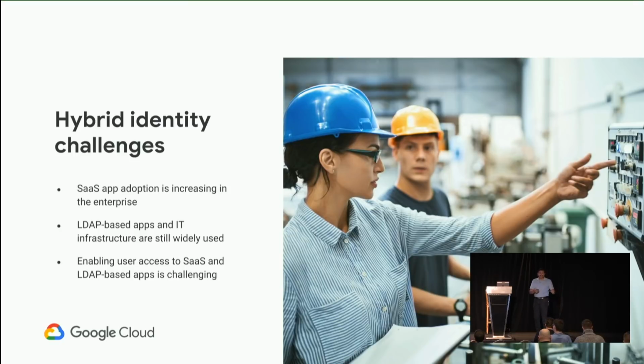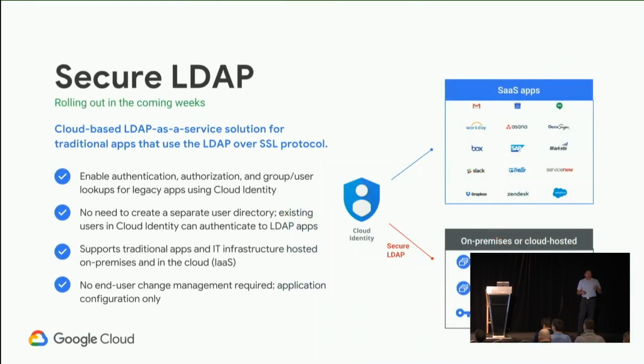It's going to take some time before you move all those things to the cloud. Until then, we need an identity system to support those applications. Having one identity system for cloud applications and another for on-premise applications starts creating more challenges for you. That's where secure LDAP comes into the picture.